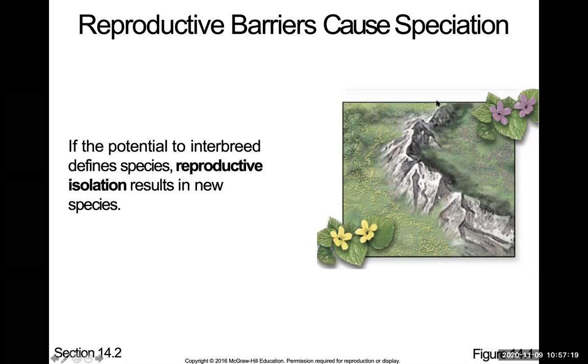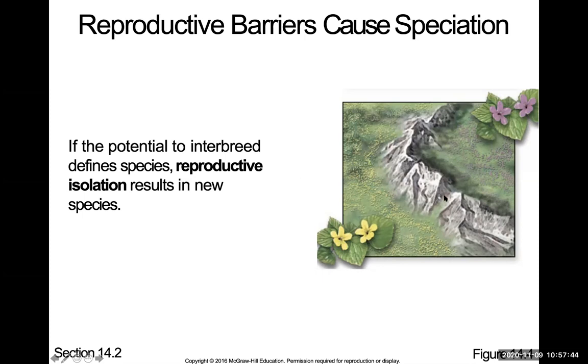Maybe they were the same species a long time ago, and then something happened, maybe tectonic plates moved, which caused this land to be here in this area, and that caused these species to evolve separately. So the species started evolving separately, and then eventually they turned into two different species.